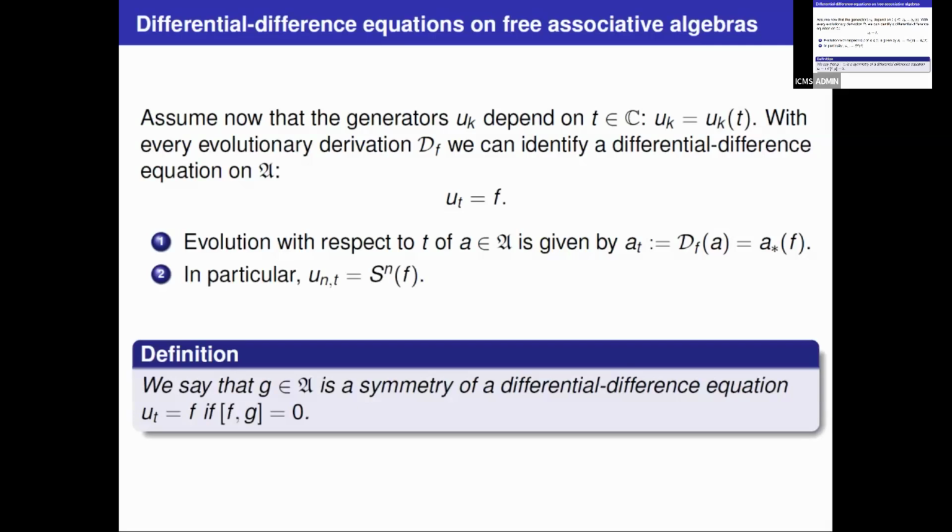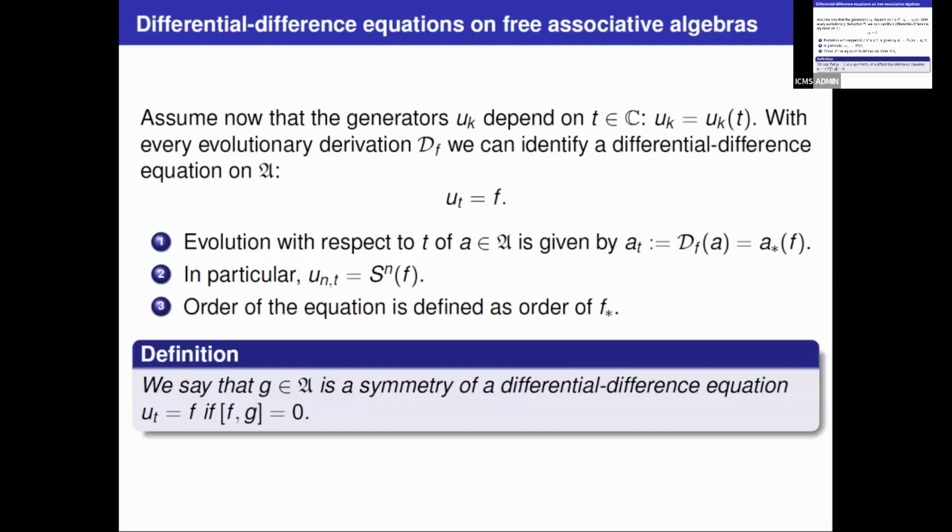Well, next we can define the notion of a symmetry. So a symmetry of our equation is another element g from A such that f and g commute, so the Lie bracket of f and g is 0.